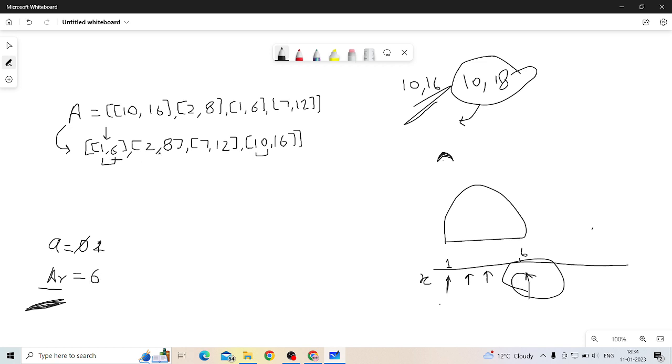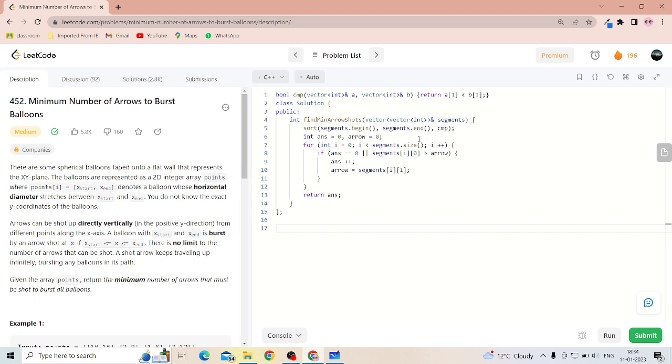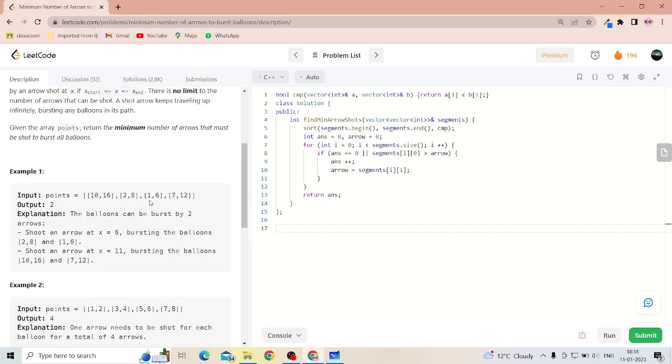Now I am here. What I will check is this arrow, this I have stored.